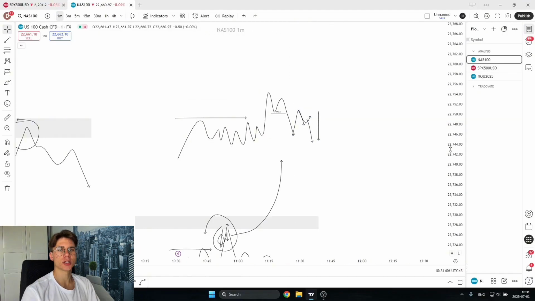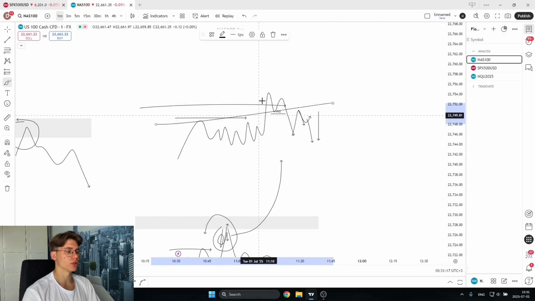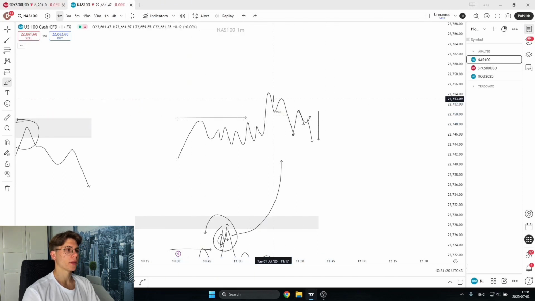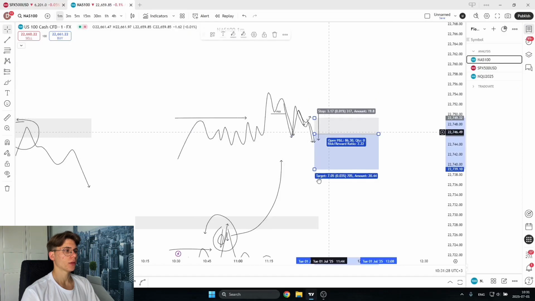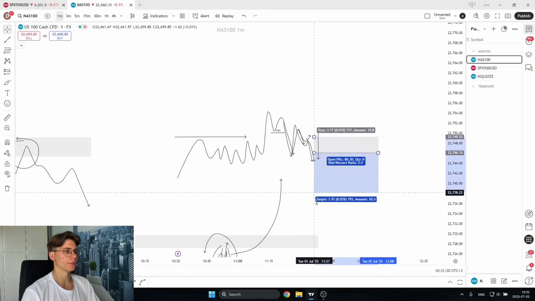I just need to see that volume. Maybe there is also a fair value gap right here. I get a market structure shift, pullback, two volume candles, and I'm entering and targeting the liquidity.